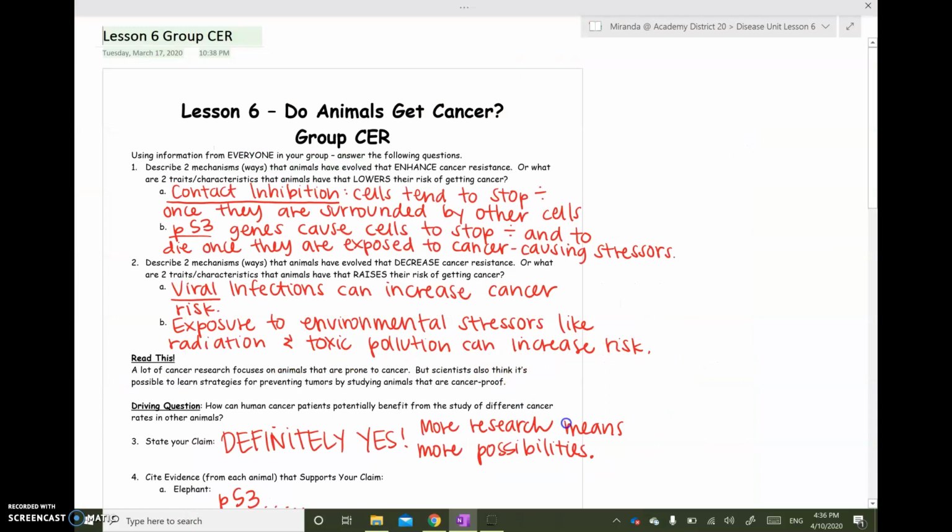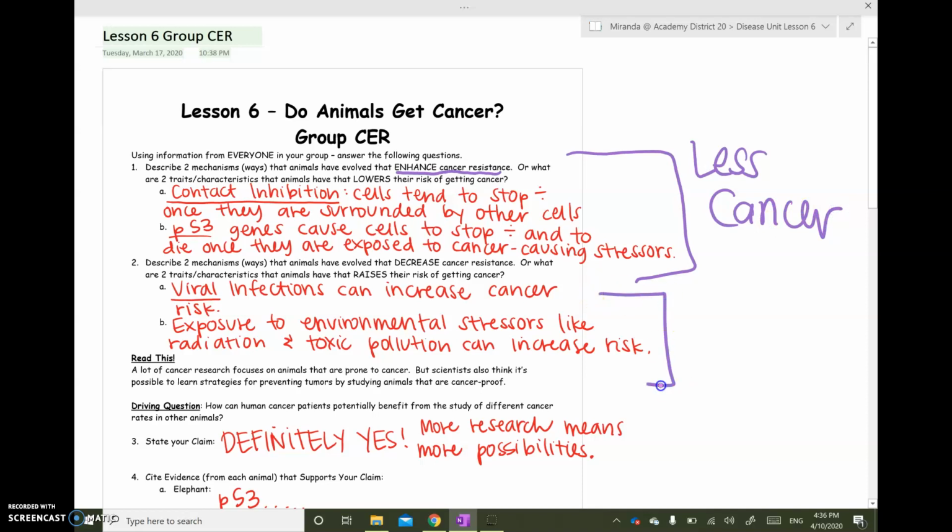Okay, so we had described 2 mechanisms that animals have evolved to enhance cancer resistance. Basically what that means is that these situations make it so that they have less cancer, and these situations happen when there's more cancer. Okay, so for less cancer, we have contact inhibition.